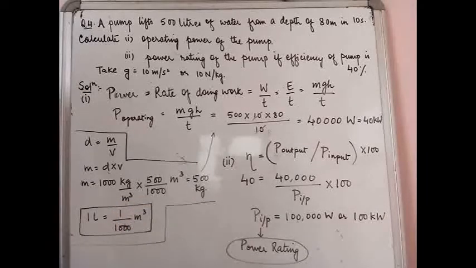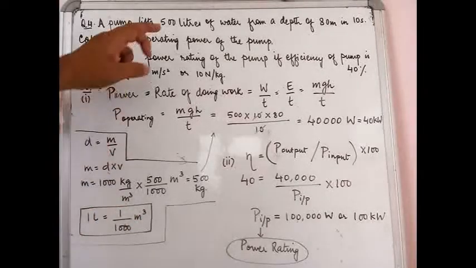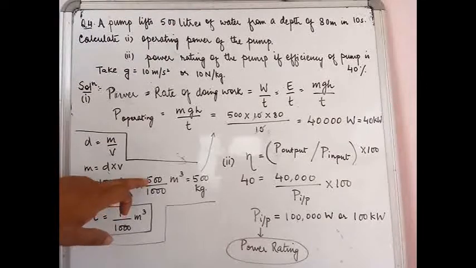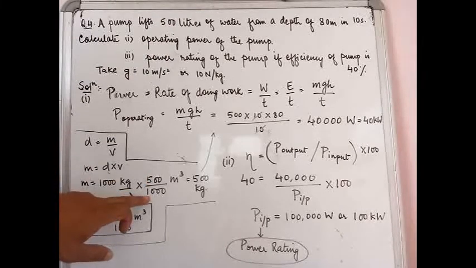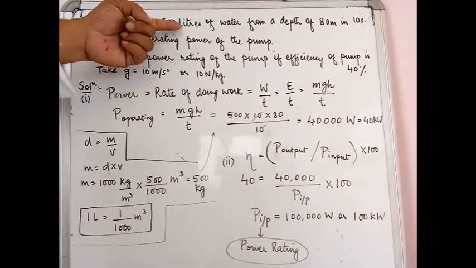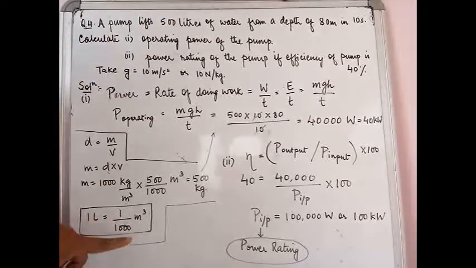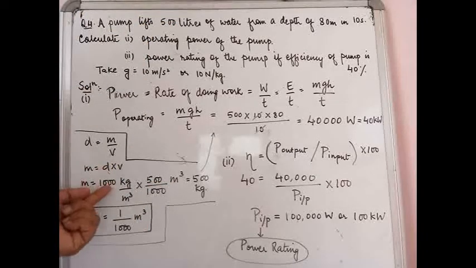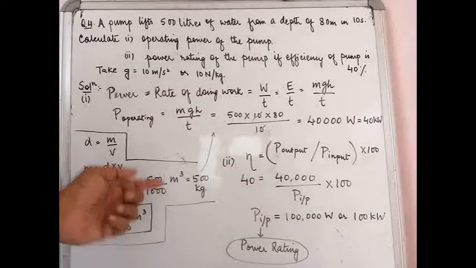So if 1 liter is equal to 1 upon 1000 meter cube, therefore 500 liters will give you 500 upon 1000 meter cube. Using this relationship I have converted non-SI system of unit into the SI system. Now density value is also in SI and volume is also in SI.